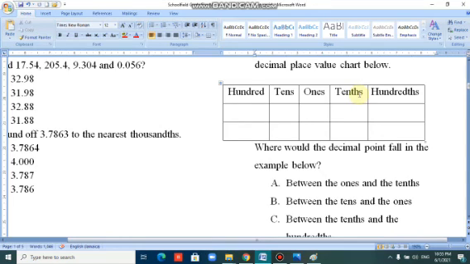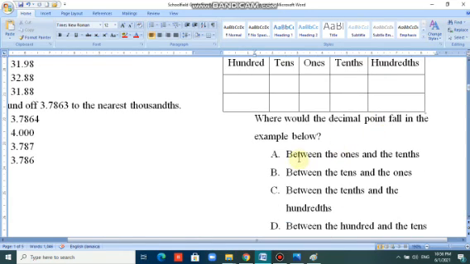So it's B, between the tens and the ones... Nah, sorry. So it's not B. I deliberately skip A because A is the answer, right?